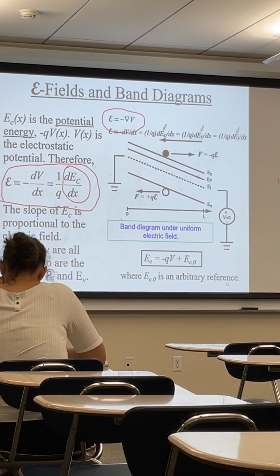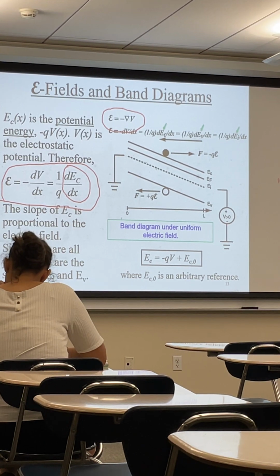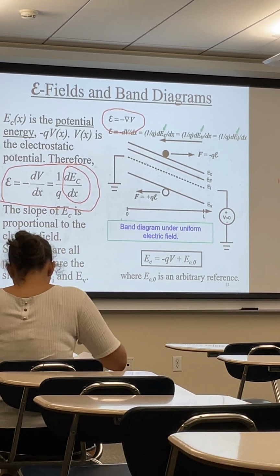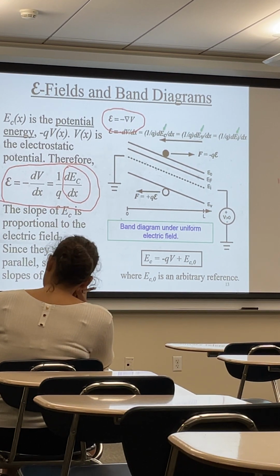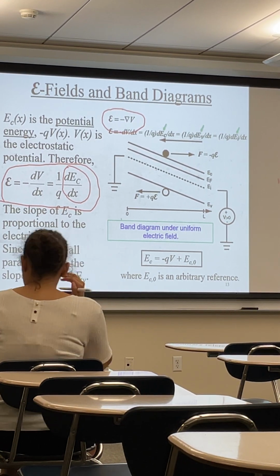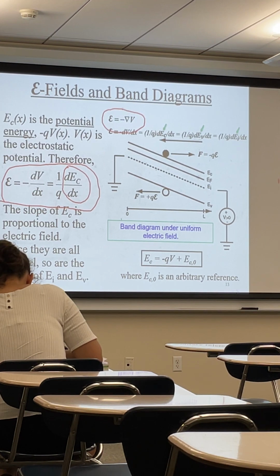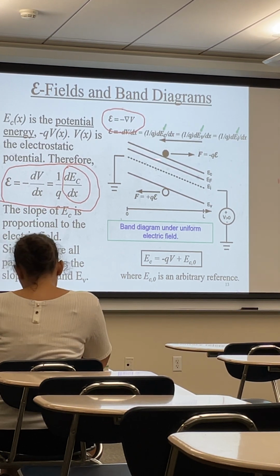If we have some line like this on the x-y axes, then the slope is positive. But if we have something like this, then the slope is negative. And you can see this is negative, so it's consistent with the electric field direction.